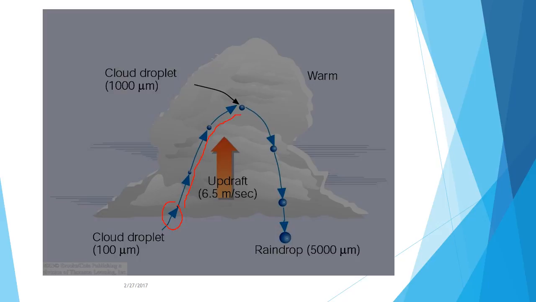Once it gets large enough, the updraft cannot lift it up anymore, and it will fall back down again, colliding and coalescing with other cloud droplets, getting bigger and bigger. So this is another effect that can affect the ability of a cloud to create rain droplets.